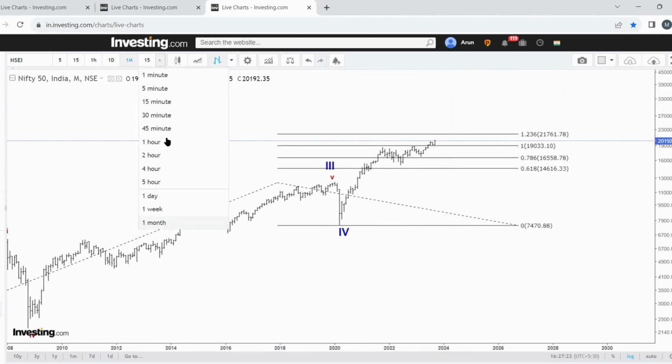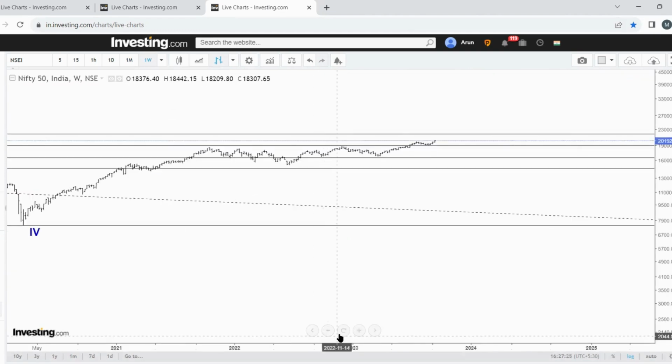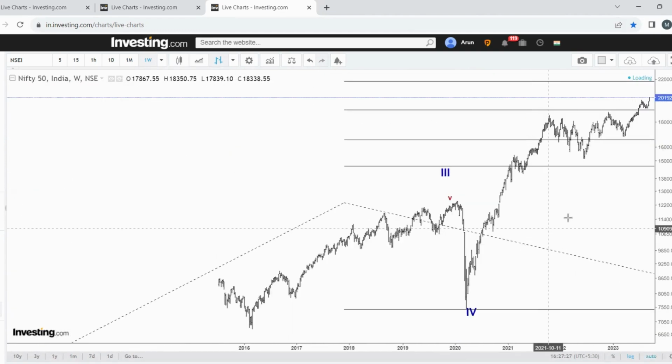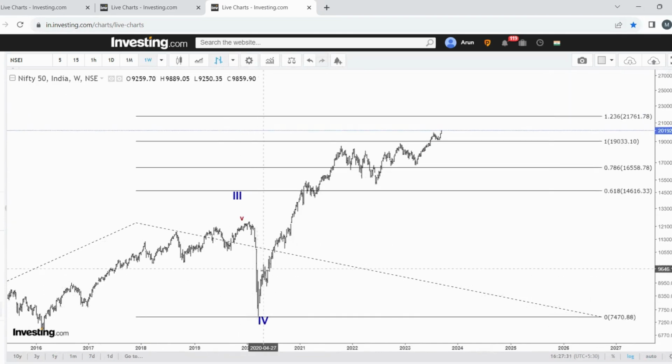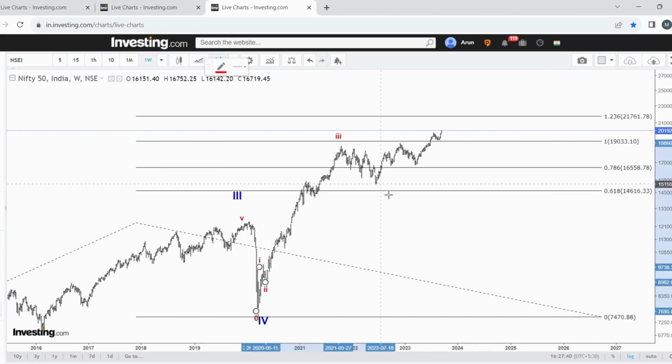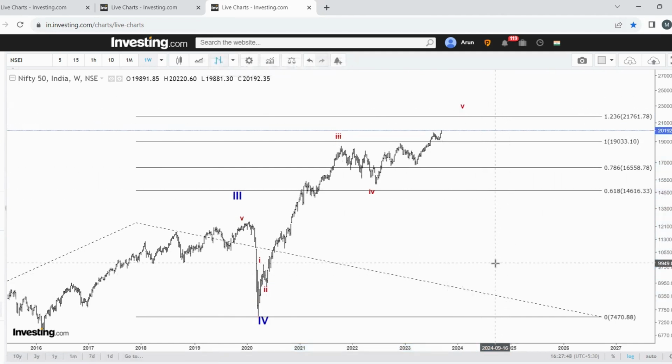Alternatively, this can be wave 1, 2, right? Wave 1, 2, this 1, 2, 3, 4, 5 is 3 and 4 and 1, 2, 3, 4, 5. Okay. This is also a valid point now.